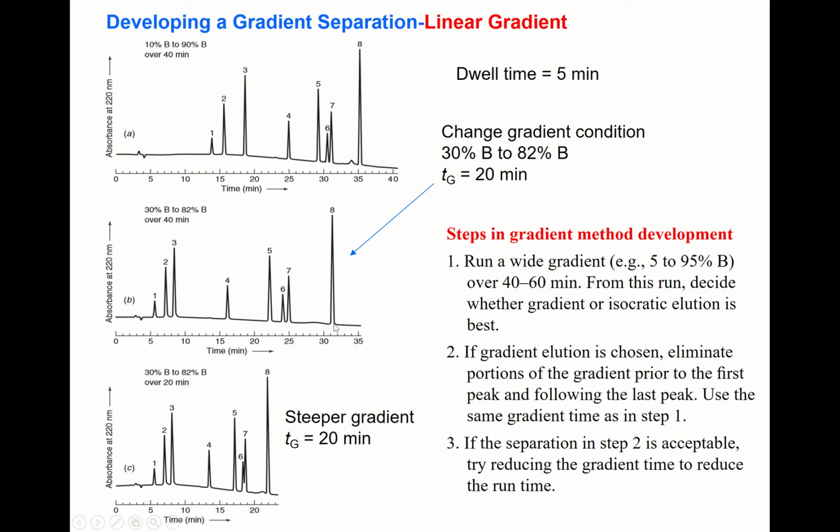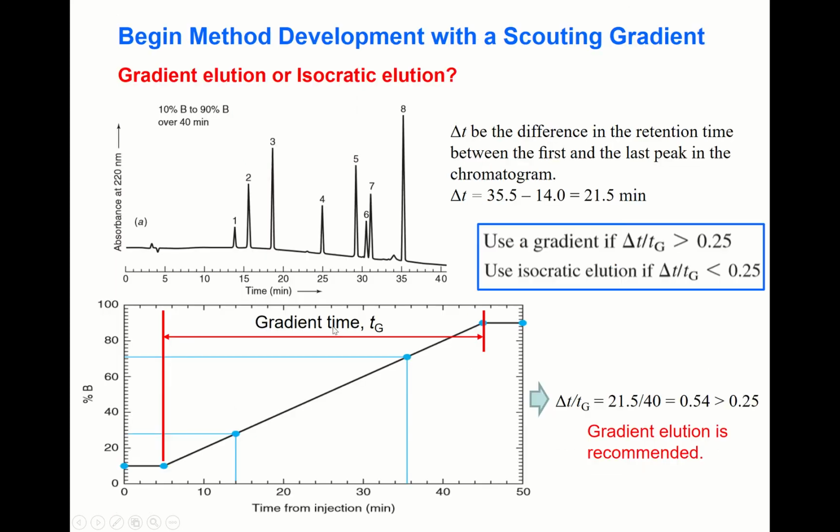Then change the B percentage not to 90%. Why? Because already at 35 minutes it is less than 80%, so you don't have to go all the way up to 90%. That's too much. Maybe 80% is enough.